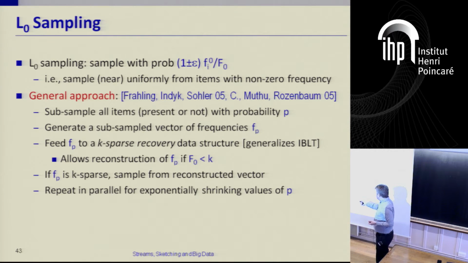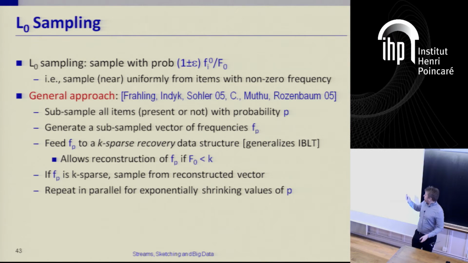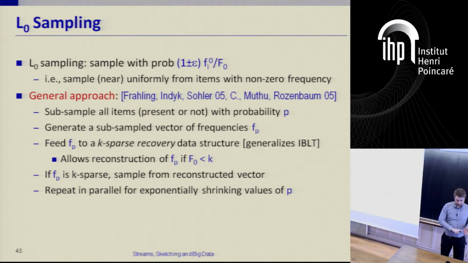So if this subsampled vector, which I'm calling f sub p, is k-sparse, then I recover it, and I sample from that reconstructed vector. How do I know what value of p to choose? This is going to work if I happen to know roughly what the number of distinct elements is going to be. Well, I do that old computer science trick of just making a lot of guesses in parallel. So I'm going to run this with probability p equals 1, and in parallel I'll run it with p equals half, p equals a quarter, and so on.